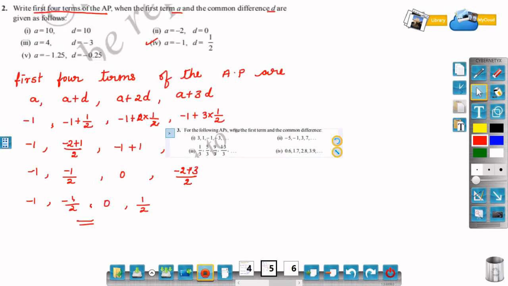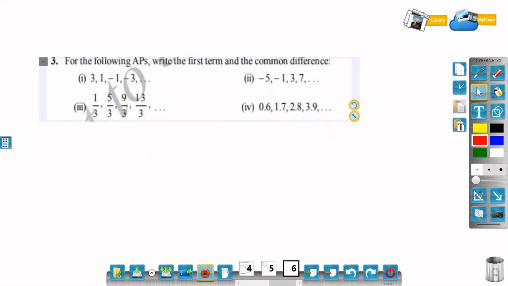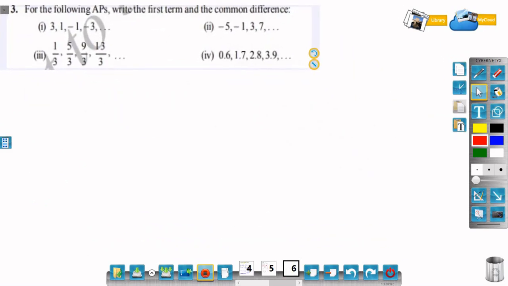I will solve any one so that you can solve the remaining problems. I will solve the second one. In the second one, the AP is minus 5, minus 1, 3, 7, and it goes on.